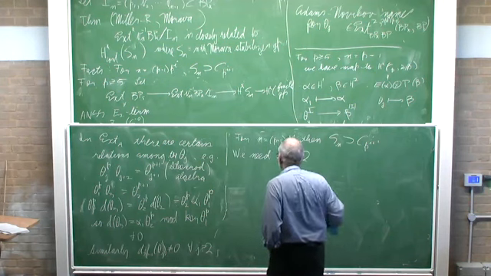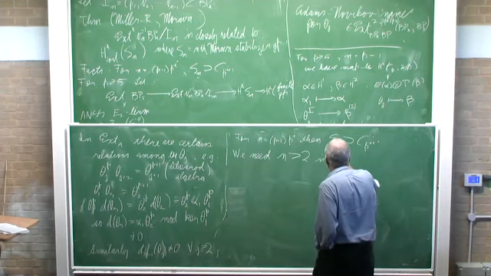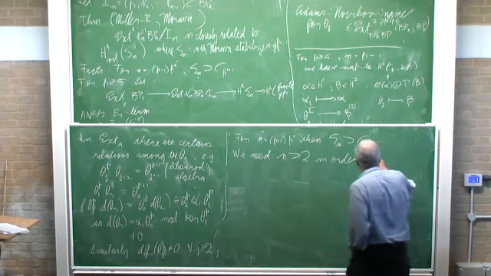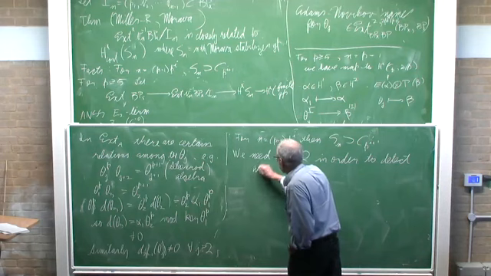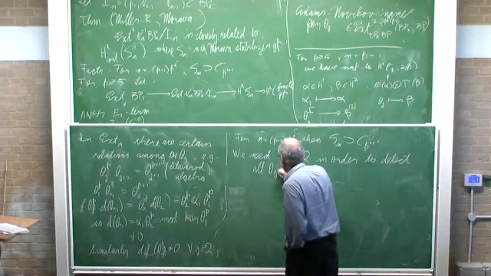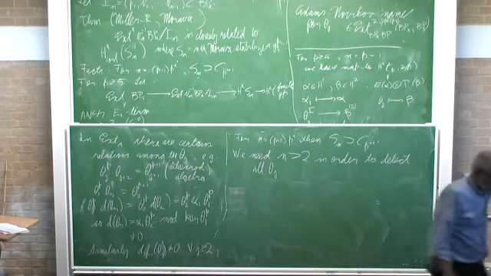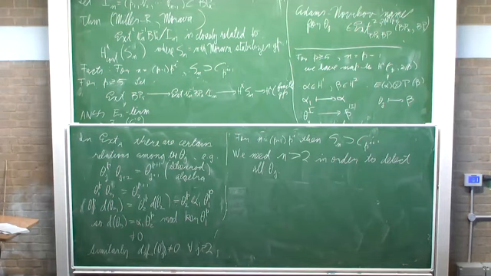N has to be strictly larger than 2 in order to detect all theta j's. If n is not bigger than 2, then you're going to run into problems detecting these things.